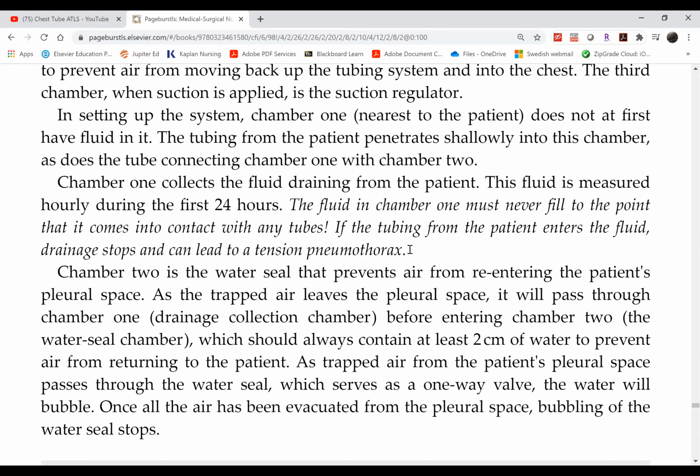If it gets disconnected from there, that's another cause of possible tension pneumothorax. Although I can't imagine that one happening, because we do tape it. So you have to have somebody untape it and disconnect it on purpose for that to happen.